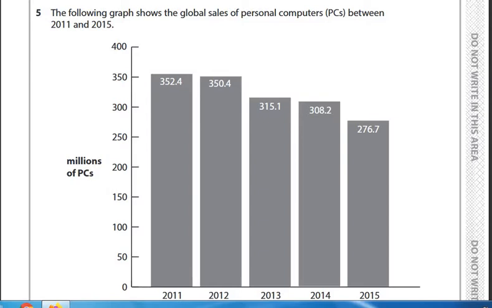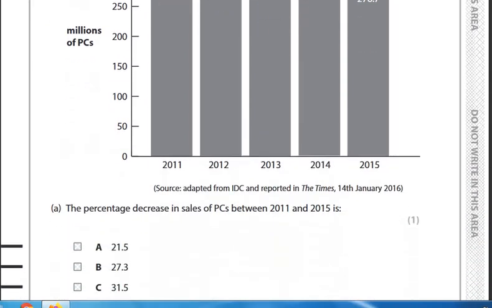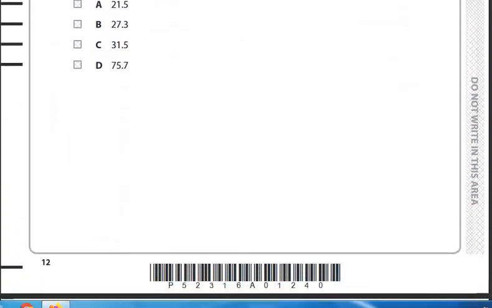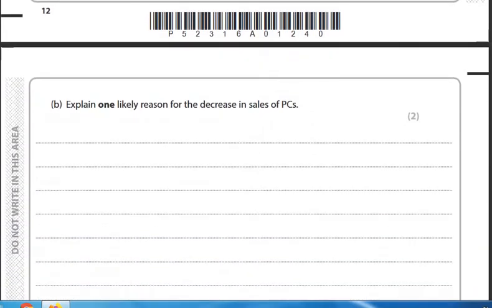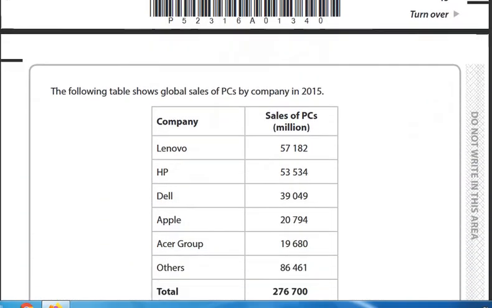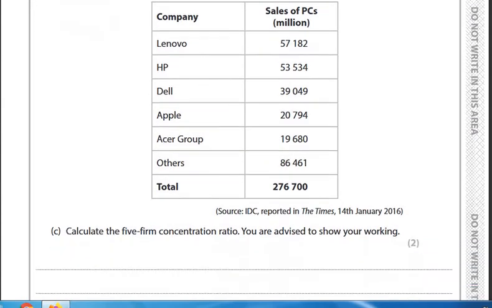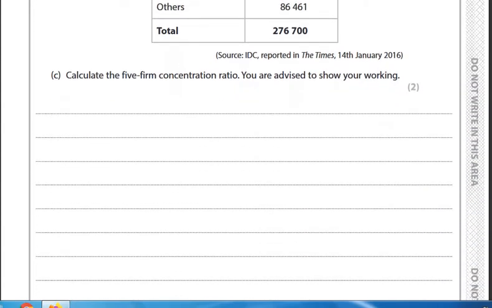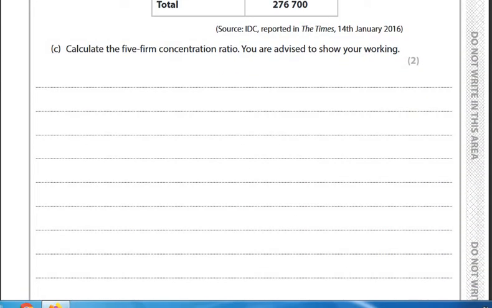Question 5 we're moving on to, still within Section A. Some maths, easy. Theme 1, so some basic micro. Again, but back to Theme 3. I think one thing to realise here as well is that in the answer booklet they'll often give you more space than you need, so don't feel as if you've got to fill up the whole answer booklet.